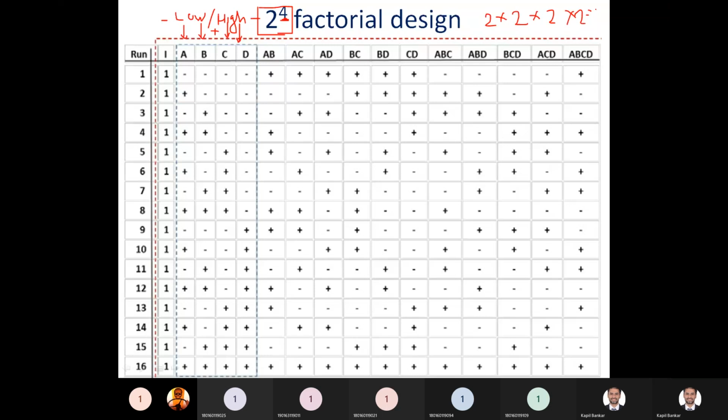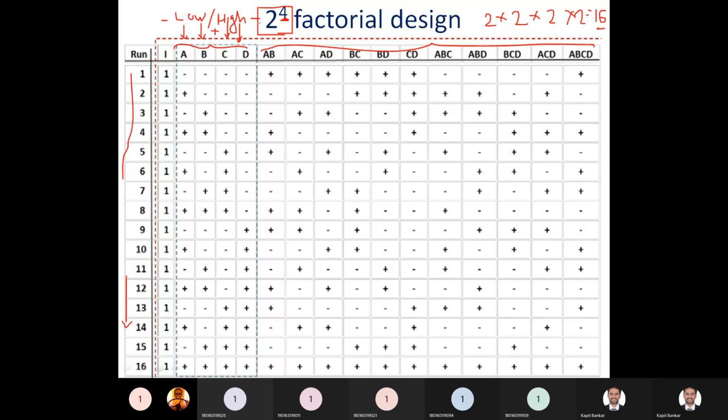So you have to run 16 experiments. Here experiment number 1, and from 1 to 16, all these 16 experiments have different combinations. This is the design table with the main effects, and these are all interaction effects. That's why it is known as the model table. Got it?